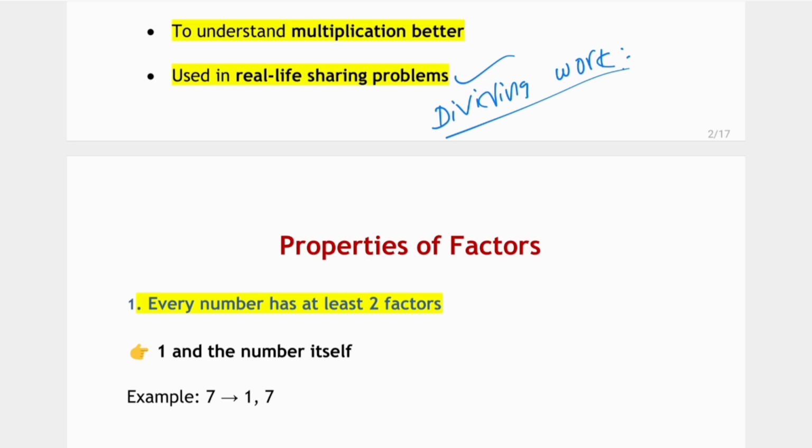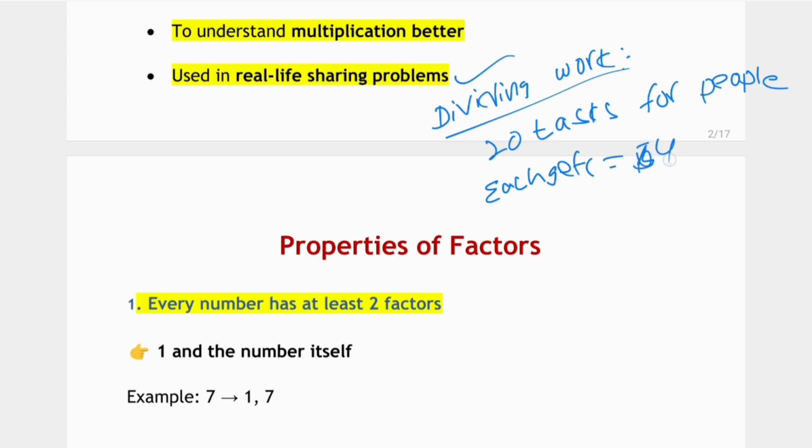If you want to divide 20 tasks for 5 people, then each gets how many works? 4 tasks. Why? Because 4 into 5 is equal to 20.